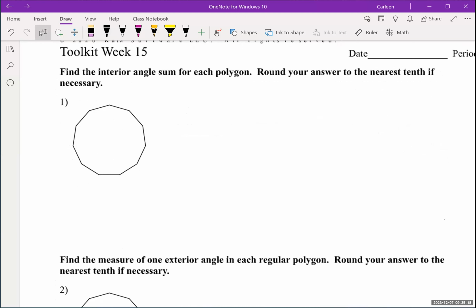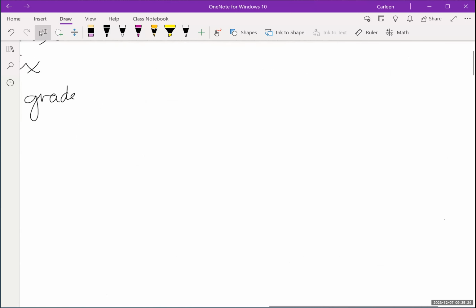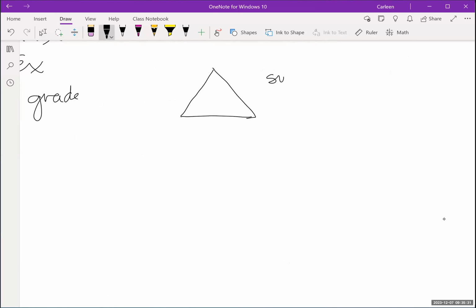Find the interior angle sum for a polygon. Okay, let's start with a simple polygon. What is the sum of the interior angles of a triangle? Does anyone remember? Ding, ding, ding, 180.